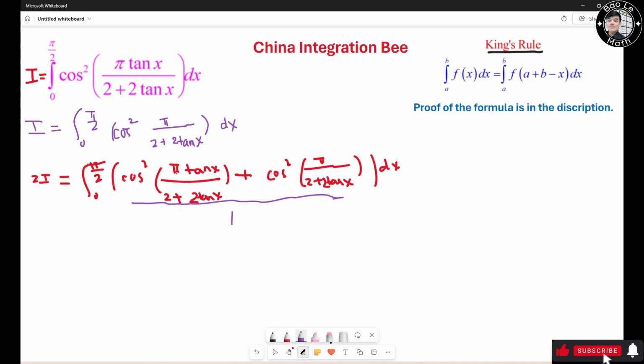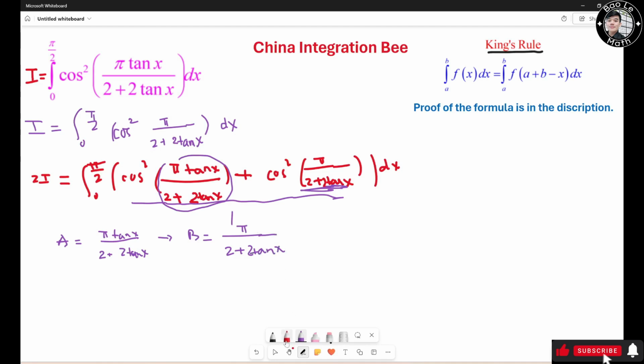I'm going to let this angle right here be a, so a equals pi tangent x over 2 plus 2 tangent x, and I let this one right here be b, so b equals pi over 2 plus 2 tangent x.